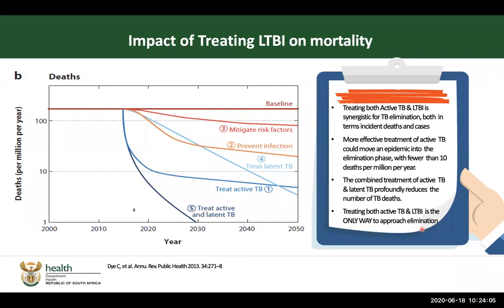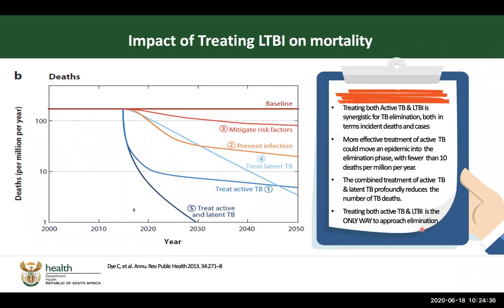We do not even need to confirm with a TST whether people have latent TB or not. The impact of giving TB preventative therapy, irrespective of a TST result, is very significant. And there is no evidence that giving INH monotherapy, or even 3HP, as is the case, would lead to an increase in TB resistance cases.